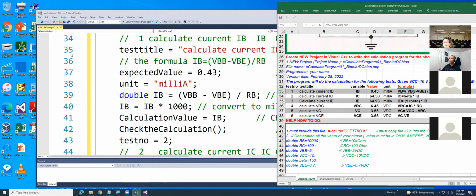Expected value. If you look in here, they say the value they want is 0.43. So that's why 0.43. And the unit they want is milliamp. So unit will be milliamp. Okay. Then now you do the calculation. They want to calculate IB.